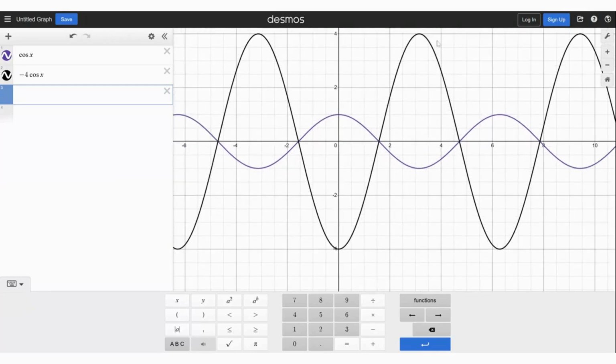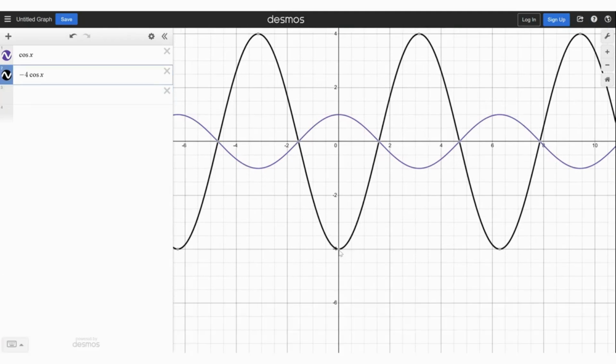Again, it's at 4, the maximum and minimum points, instead of 1, 0, 1, and -1.